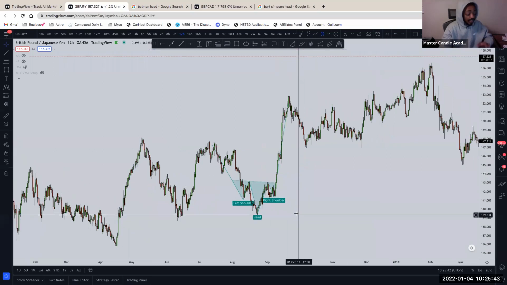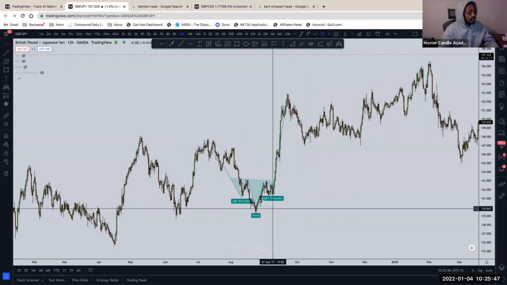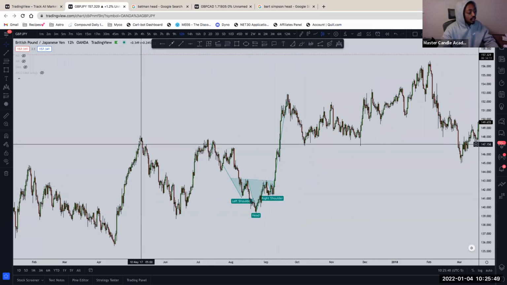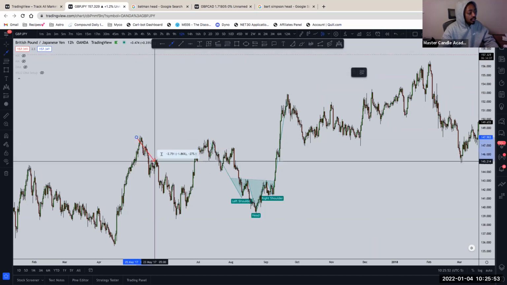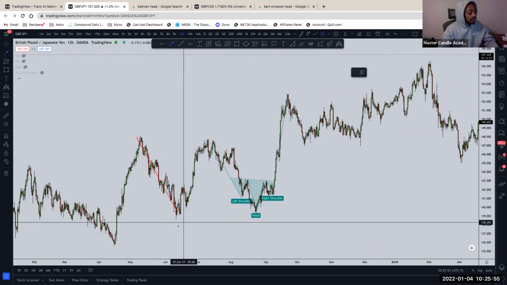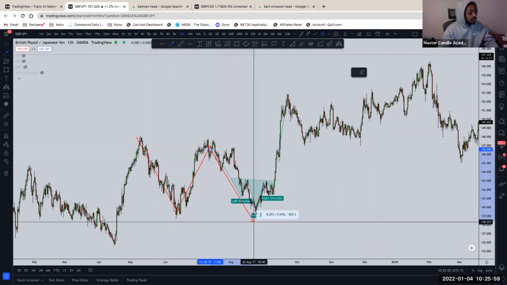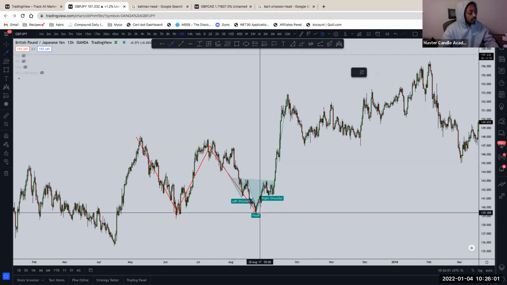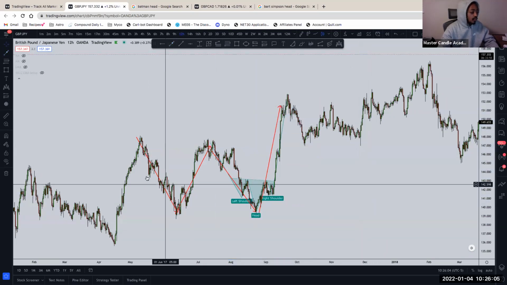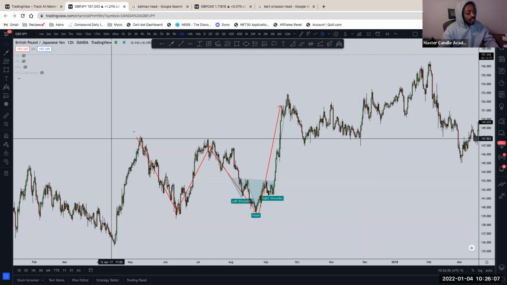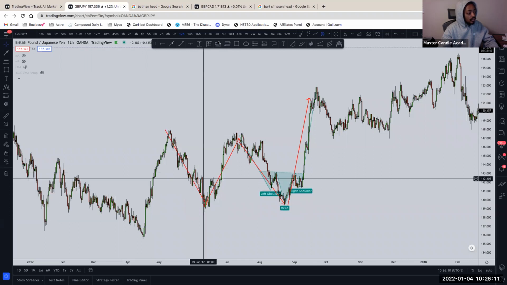So they will happen, but that's what I'm trying to show you: you will get patterns within patterns. That's a head and shoulders, but what is this? This is also a pattern. So you start to understand that where you see W's, you get head and shoulders, and where you get head and shoulders, you get W's.